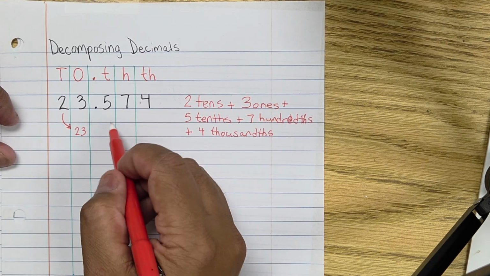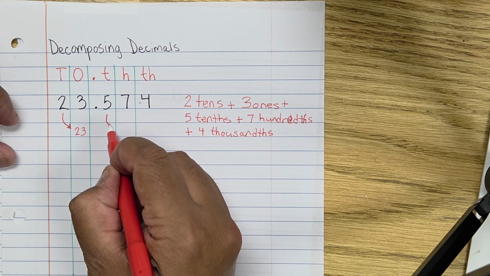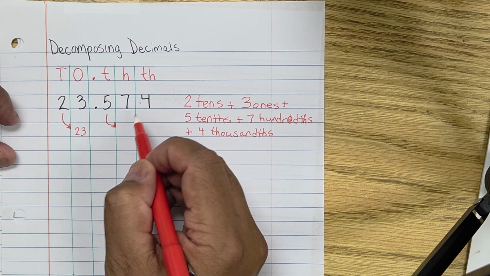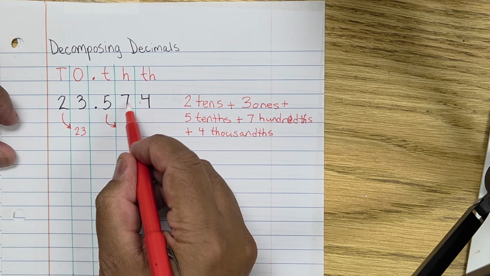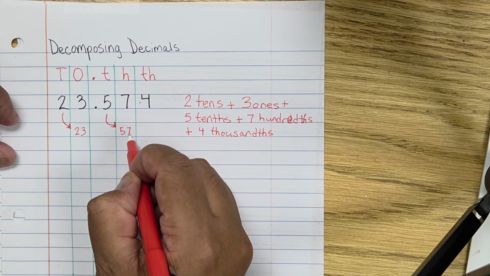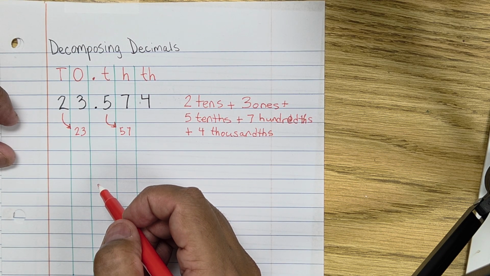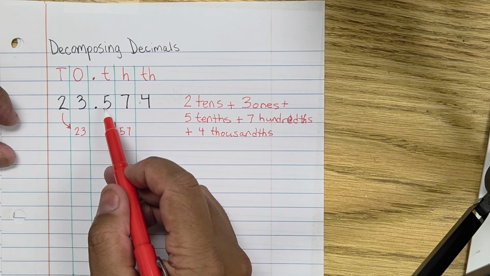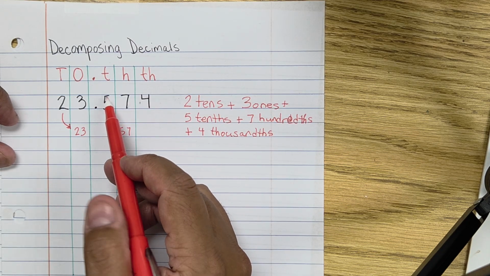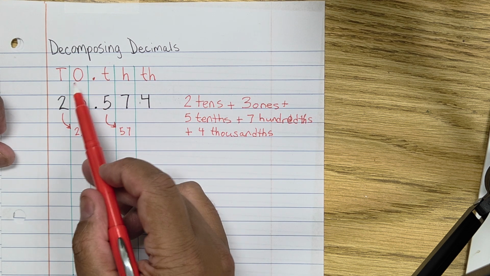So that's what we're talking about here when we're talking about decomposing decimals, is multiple ways of breaking down numbers. The same thing can happen here in the decimal world. If I bring this 5 from the tenths over to the hundredths place, instead of just 7 hundredths, we would have 57 hundredths. And again, just to give you an idea, if you were thinking in terms of money, tenths is like dimes. That's why it's called tenths, because it would take 10 dimes to make a dollar.